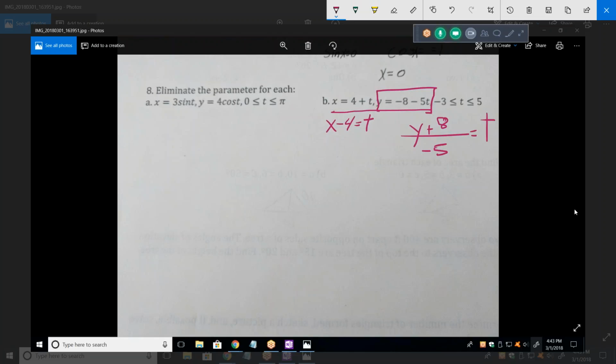Here, the same t, so this is equal to that. So you get x minus 4 equals (y plus 8) over minus 5. And no more t.